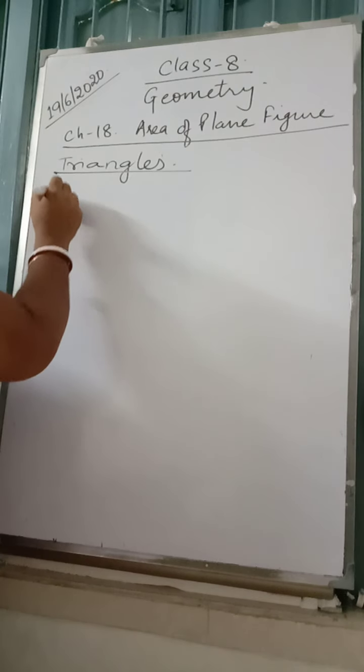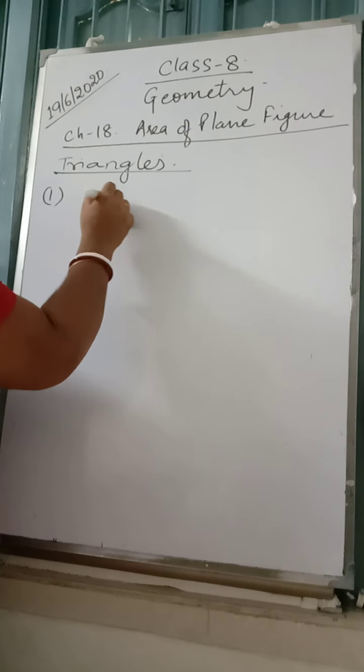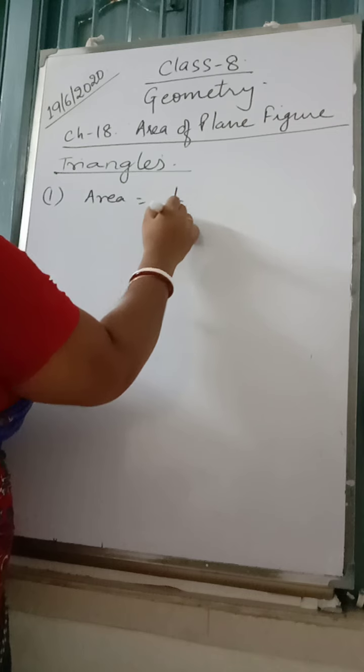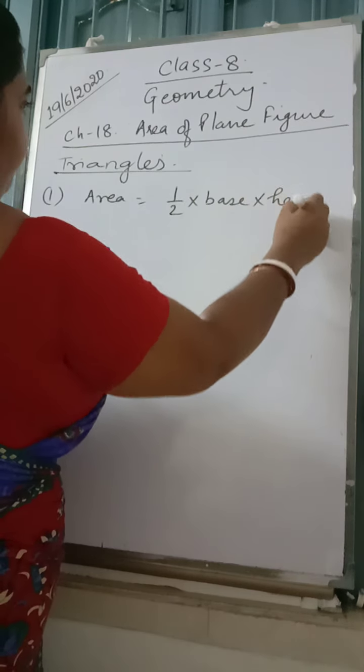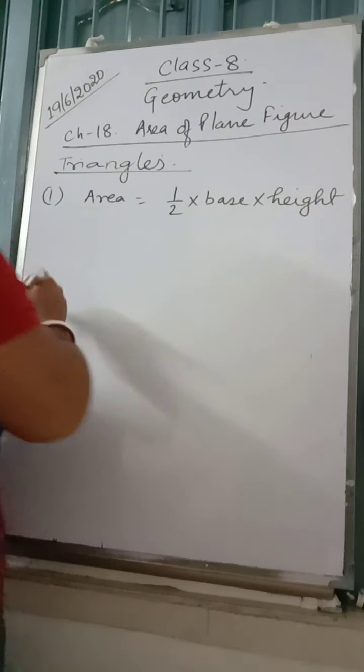We have quite many formulas for the triangle. First is area: half into base into height, if base and height are given.